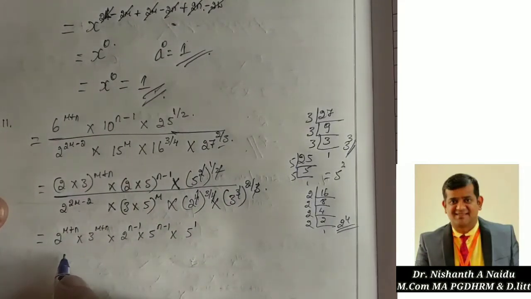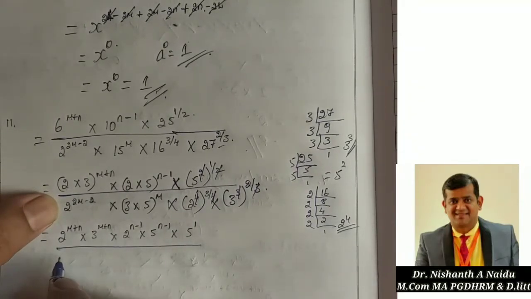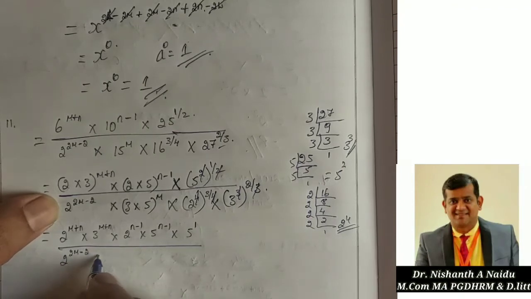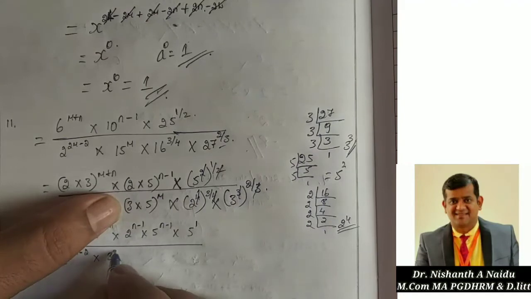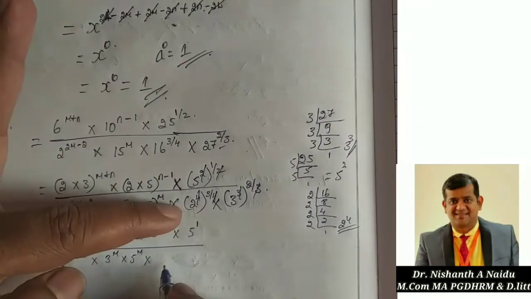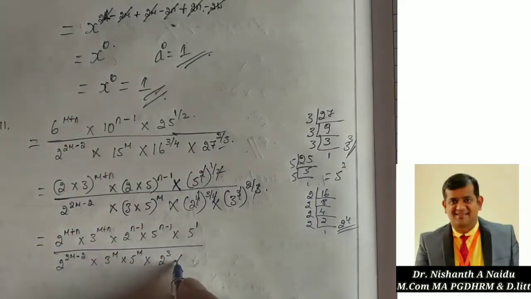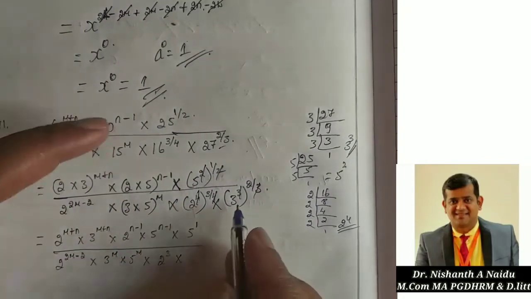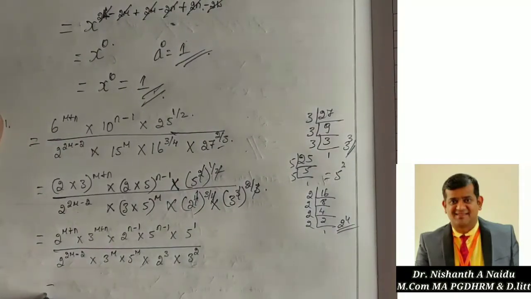Understood? Divided by, for this now, 2 to the power 2m minus 2 into 3 to the power m into 5 to the power m into 2 to the power 3, because 4 got cancelled, into 3 to the power 2, because 3 got cancelled.